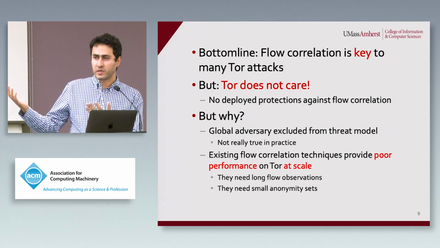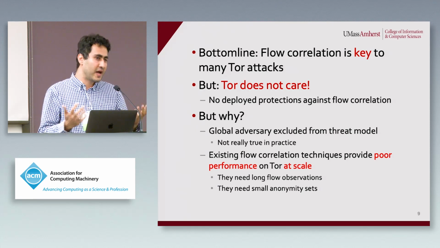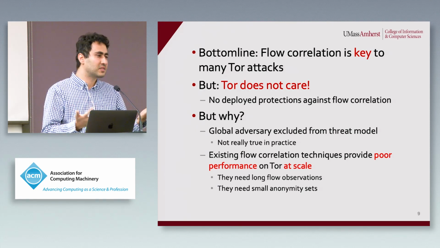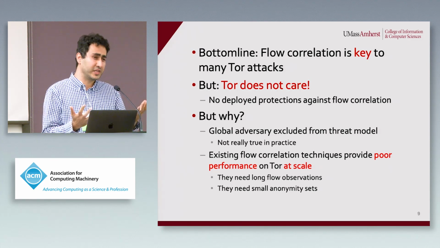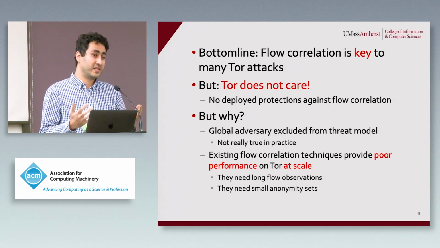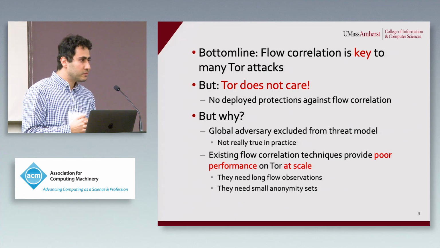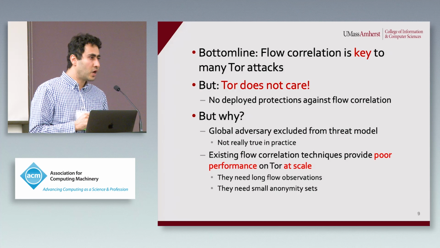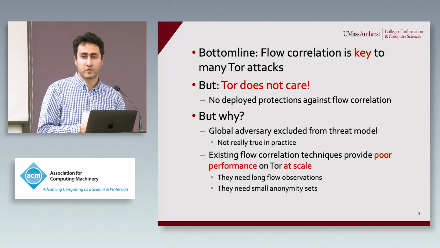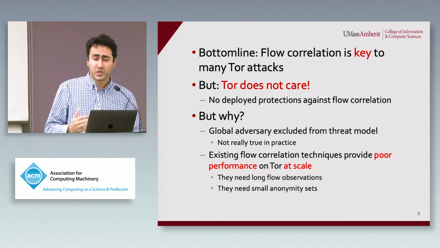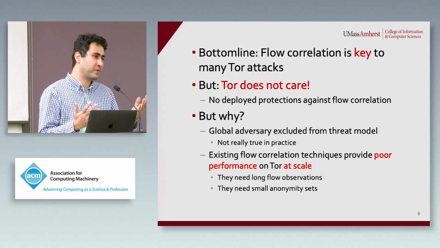However, some of the past papers I just mentioned show that some autonomous systems can be that passive global adversary, and it's not really hard in today's internet to be that adversary. The second reason, which is more relevant to the talk I'm presenting today, is that existing algorithms designed for performing flow correlation on Tor suffer from a lack of good accuracy, right?